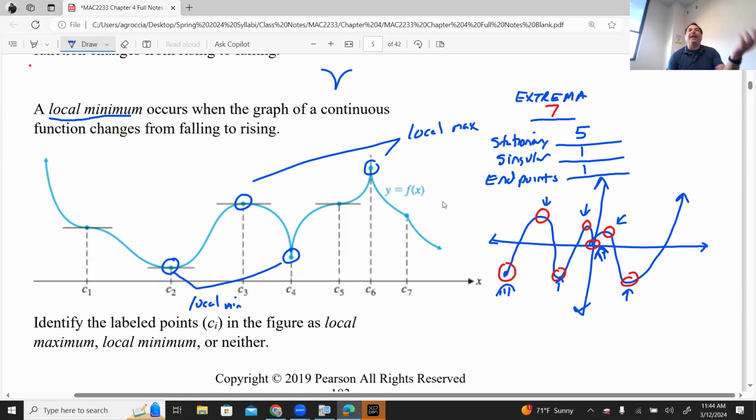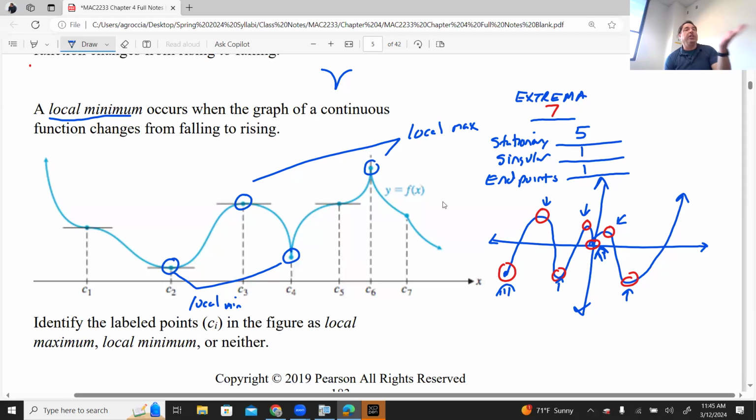So extrema are the highs and lows, but we're going to make it a little bit easier by saying there are three types. Stationary: top of a mountain, bottom of a valley. Singular: those sharp corners. And endpoints: where it begins or where it ends, one or the other or both. The good news is, before teaching you anything, if you have the graph in front of you, you know how many extrema there are.